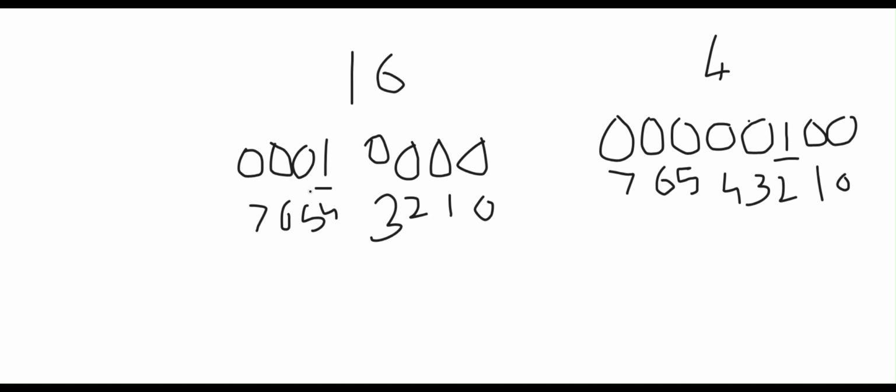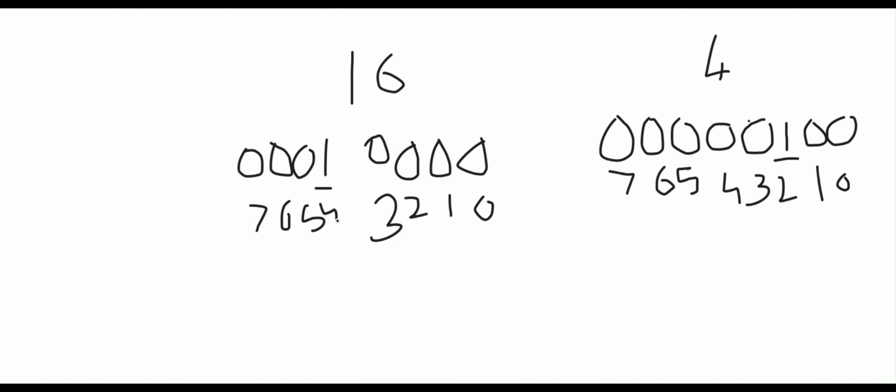We can see that both the ones that are set are set in an even bit position. Here it is set at position number 2, which is an even bit position, and similarly over here the bit 1 is set at position number 4.